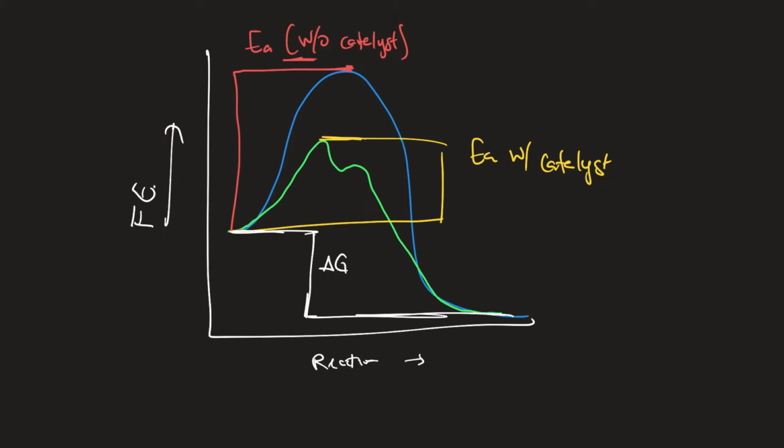A catalyst doesn't cause the reaction to take place. The catalyst just makes the reaction move faster. With or without the catalyst, delta G will be the same regardless. In this case, because it's exergonic, this reaction was going to be spontaneous regardless. The fact that you add a catalyst just makes the chemical reaction happen much faster.